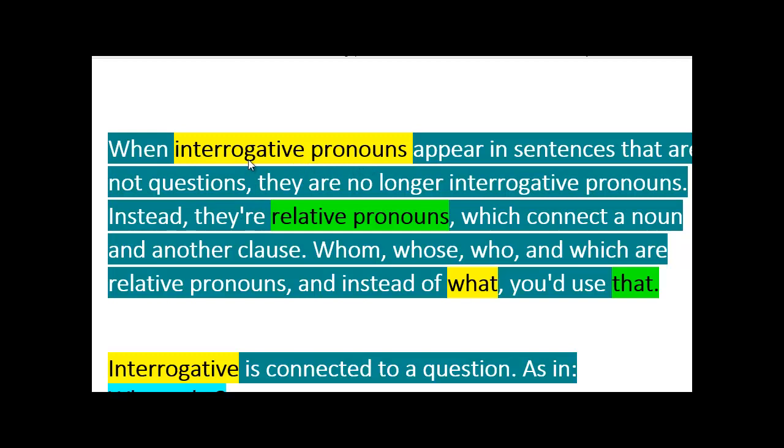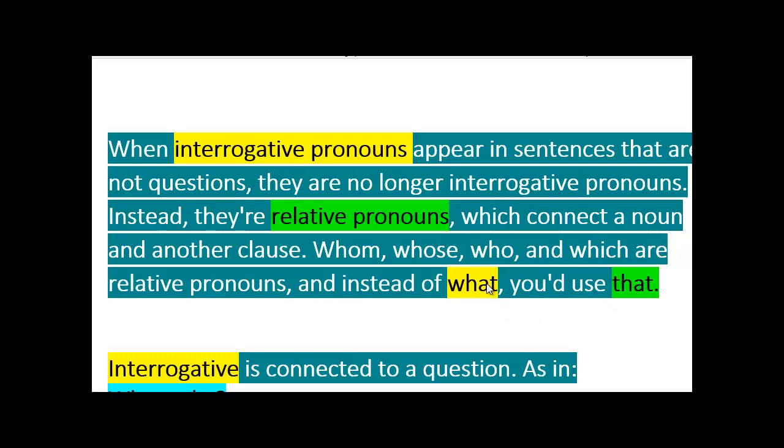They become relative. So relative just mentions information about a noun, as we said before. So here we can say, for example, that what, if it appears in a sentence and is not used as a question, we replace it sometimes with that. We replace what with that.